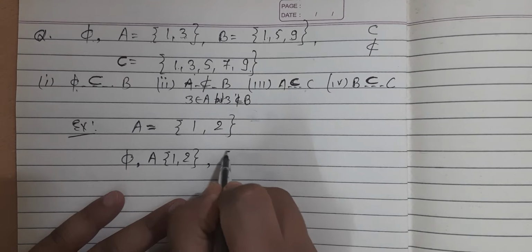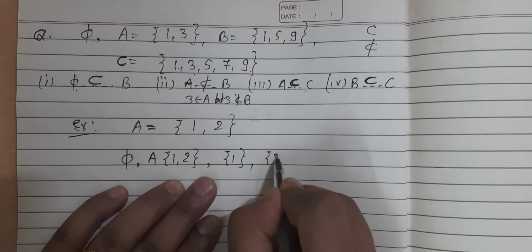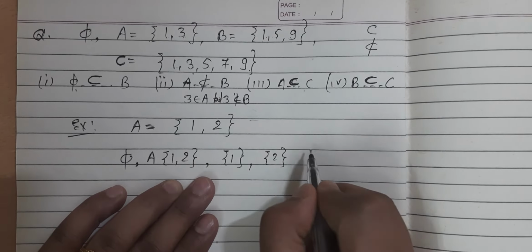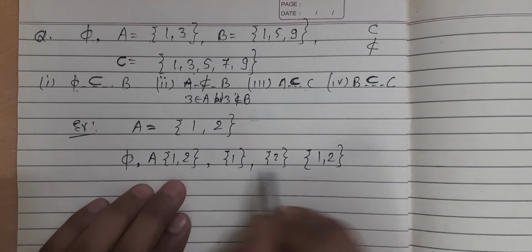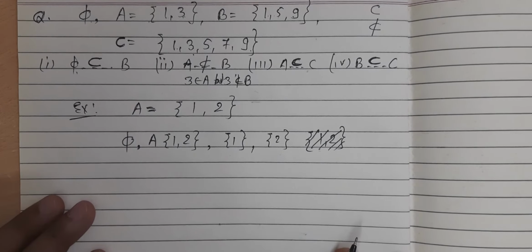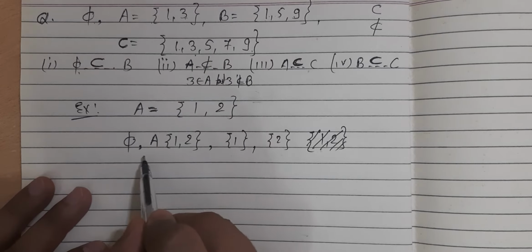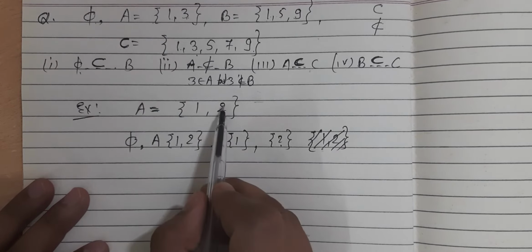So first the set of 1, which is a subset of A, and the set of 2, which is a subset of A, and this combination of 1 and 2, which we have already written, so we will not write it again. So here we have 1, 2, 3 and 4 subsets of set A.